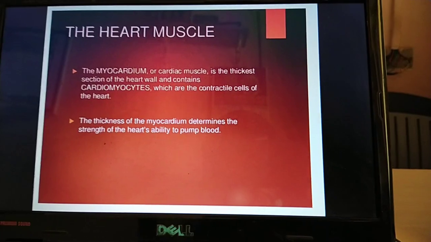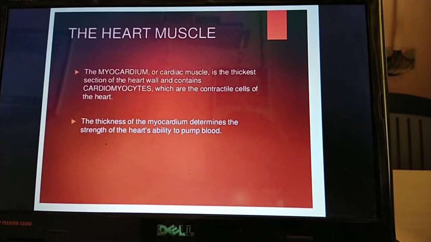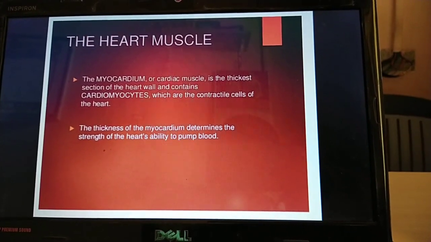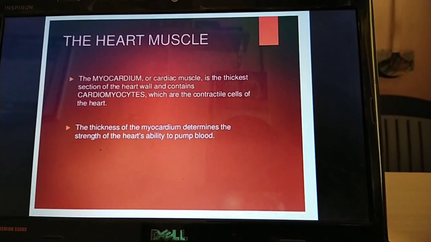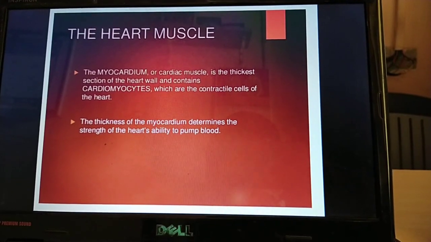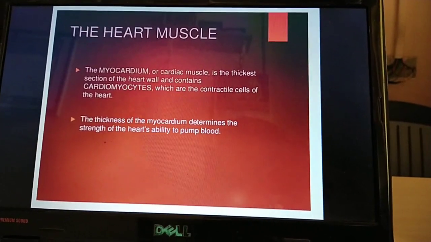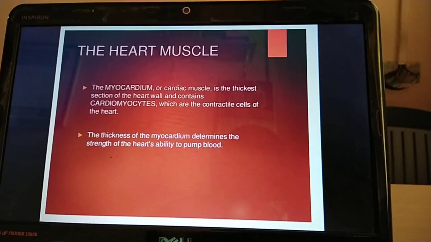Cardio means heart, myo means muscle, cytes means cells. Cardiomyocytes means muscular cells of the heart, which are the contractile cells of the heart. The thickness of the myocardium determines the strength of the heart's ability to pump the blood.